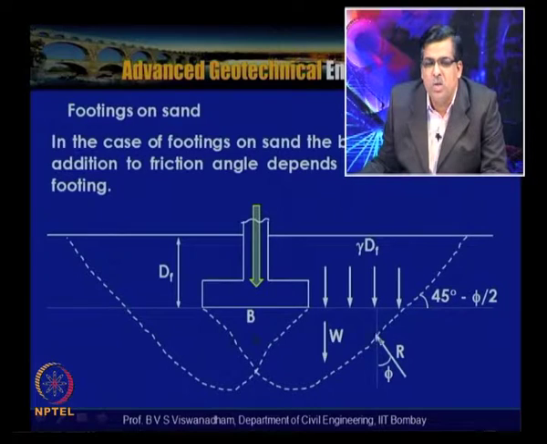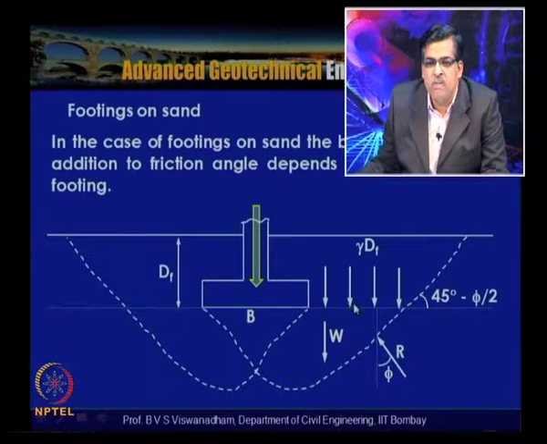For example, when the footing load is applied, this block moves this side and these blocks move this side, and this is countered by the friction mobilized along the periphery of this failure surface. These are the typical failure surfaces shown in this particular slide.